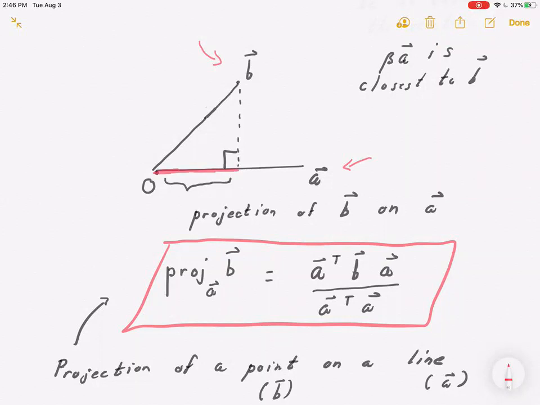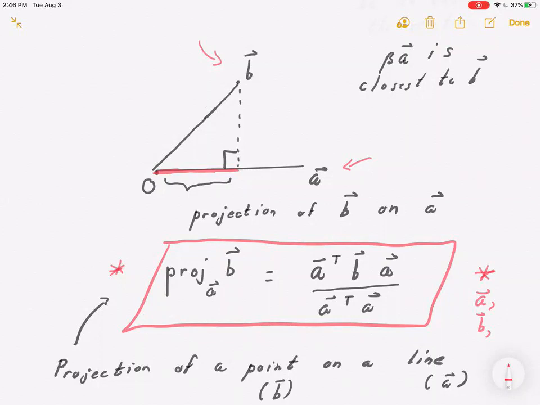Another way, a faster way of getting that same result is to use this expression where you know A and you know B, and you certainly know how to take the transpose of a matrix, and you certainly know how to do division. So if you do all those steps, this will give you the same answer.